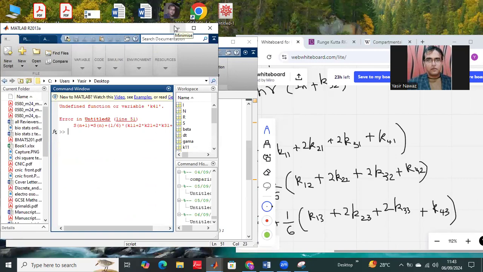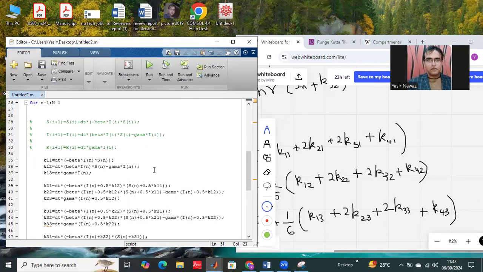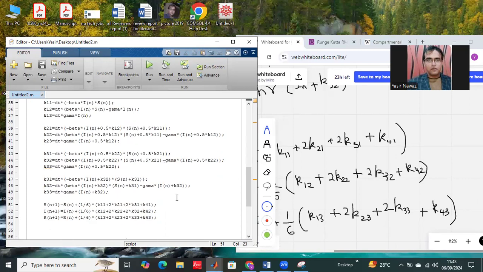So this K4, there should be a 4-1, 4-2, 4-3.